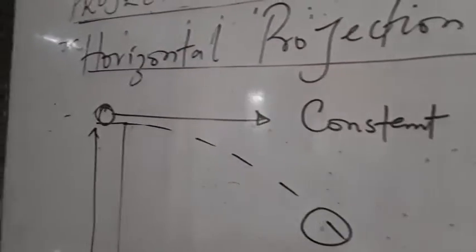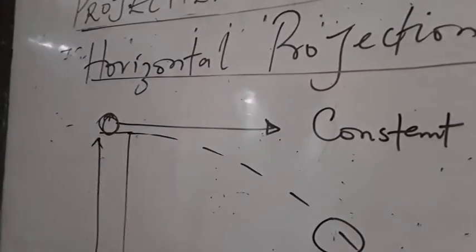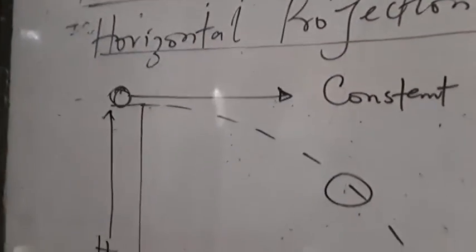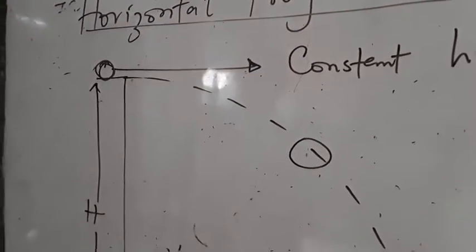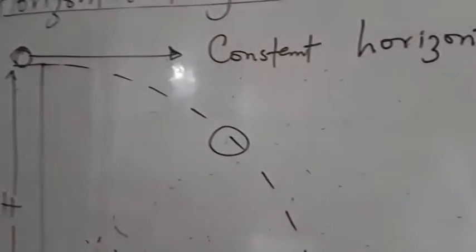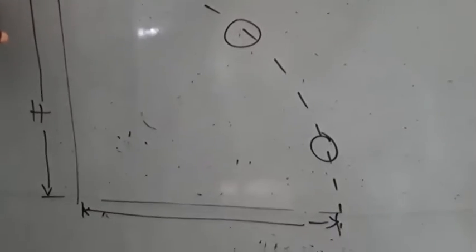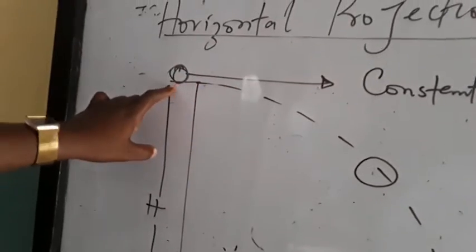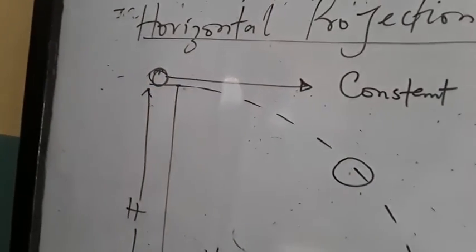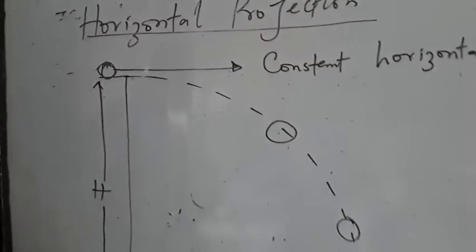Now, we are going to be looking at horizontal projection. This projection involves a body projected from a horizontal platform at a given height, h.